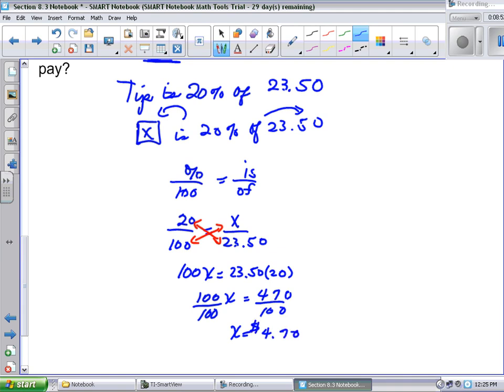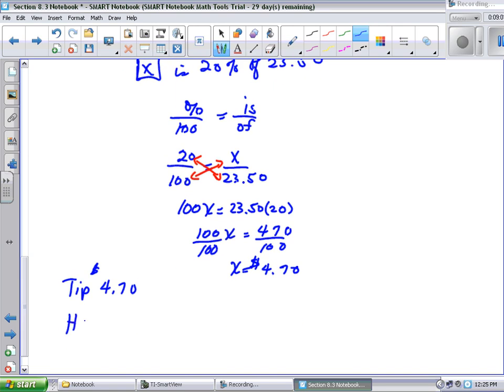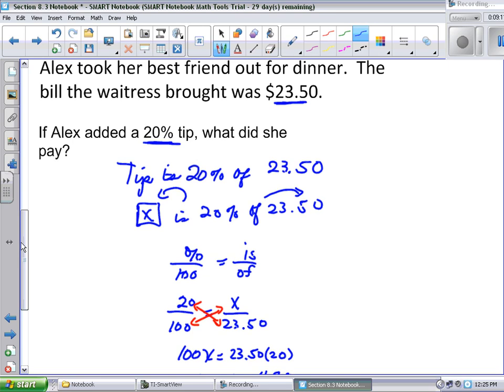Now, that's the tip. The tip is $4.70. The dinner bill was $23.50. So what does she pay?